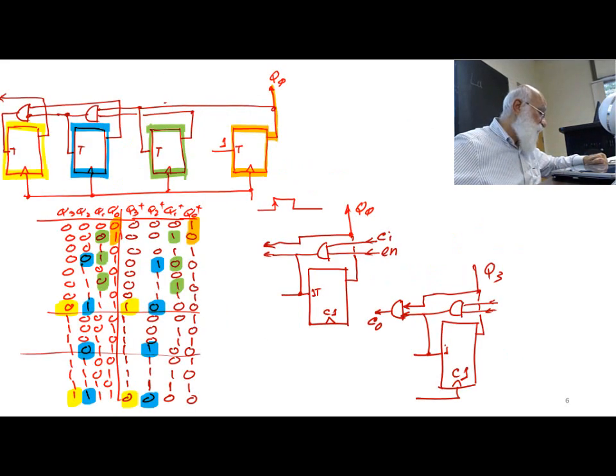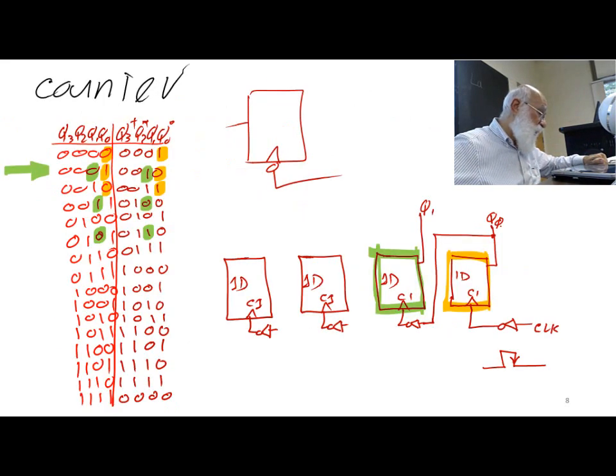Now I'm going to use the same color and look at the third one.